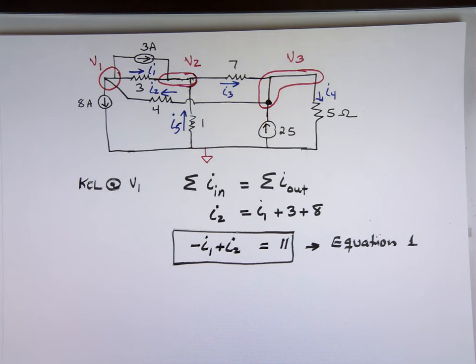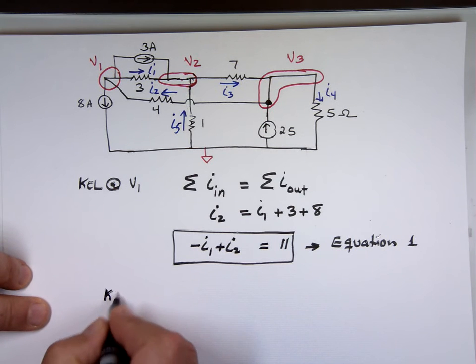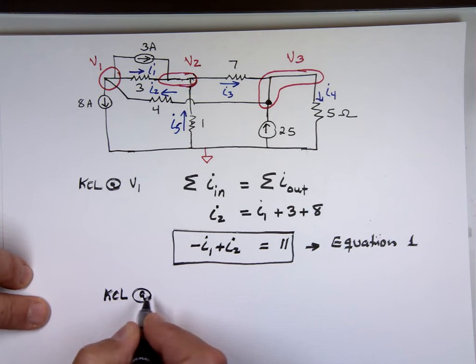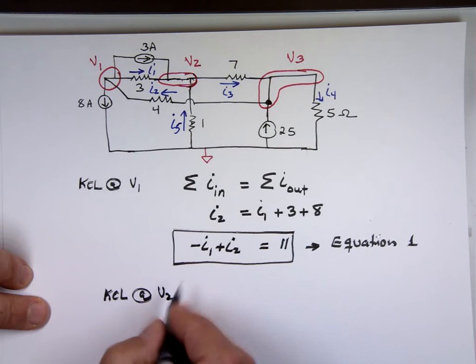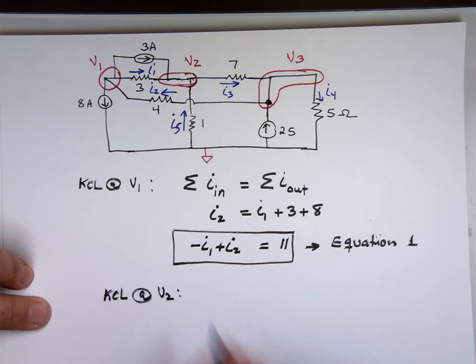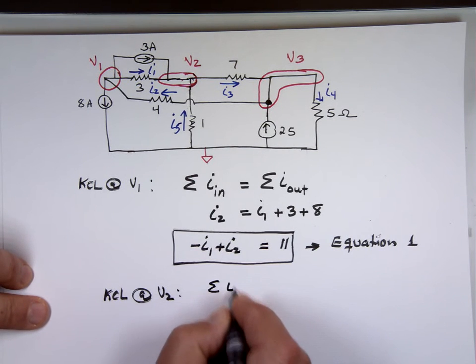Now let's do KCL at V2. The current in equals the current out.